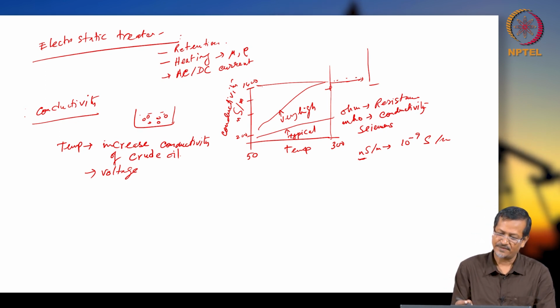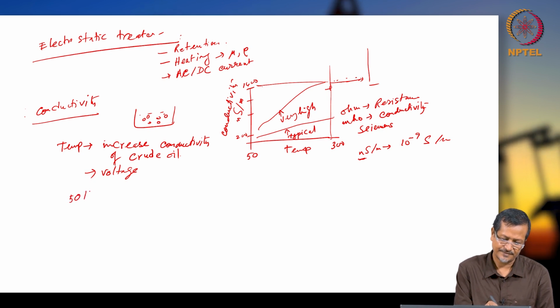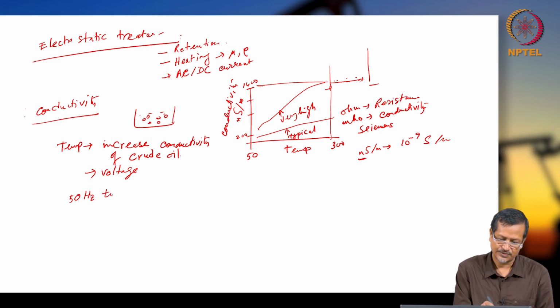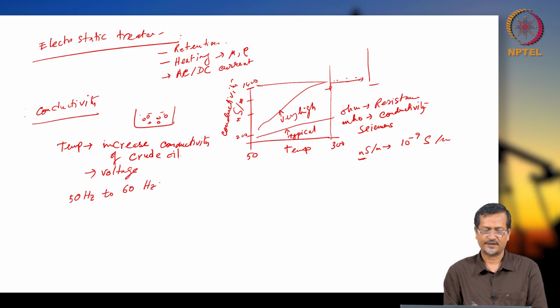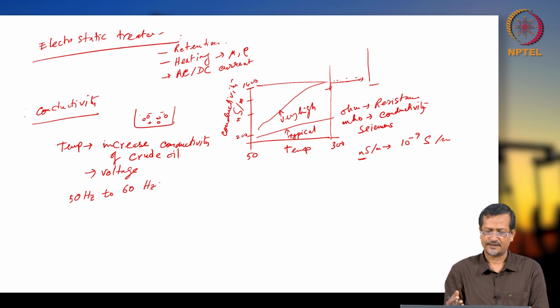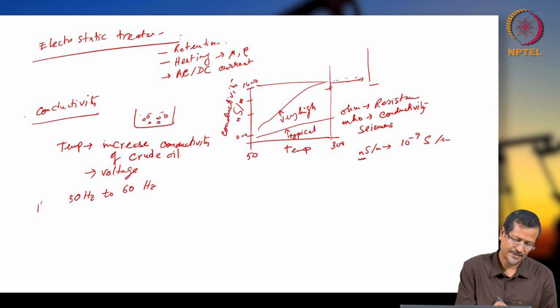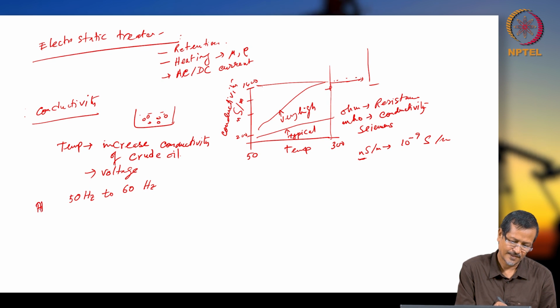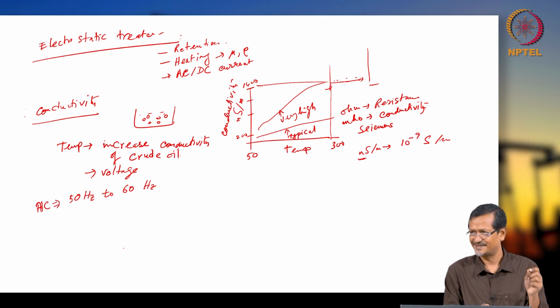Normally if you are giving 50 to 60 hertz electric current, it will be okay. But in case of increasing conductivity, especially with AC, AC current will have frequency. DC does not have frequency, it is plus and minus.